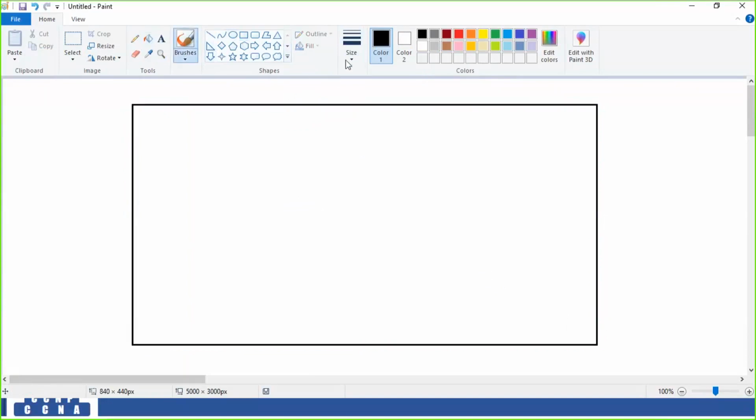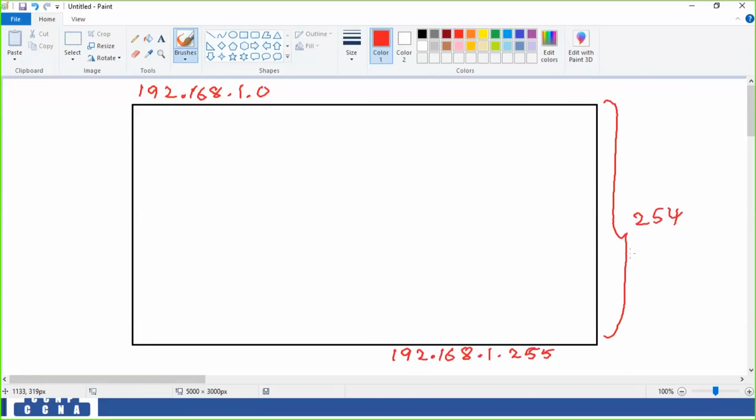Let us say this is one network, for example 192.168.1.0 network, up to 192.168.1.255.